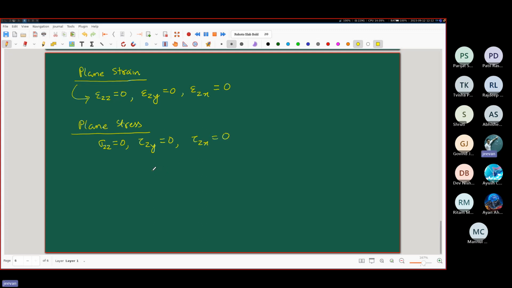Now in this situation, what does the generalized Hooke's law reduce to? We all know that the generalized Hooke's law is this. So I'm going to write down the normal strains first.